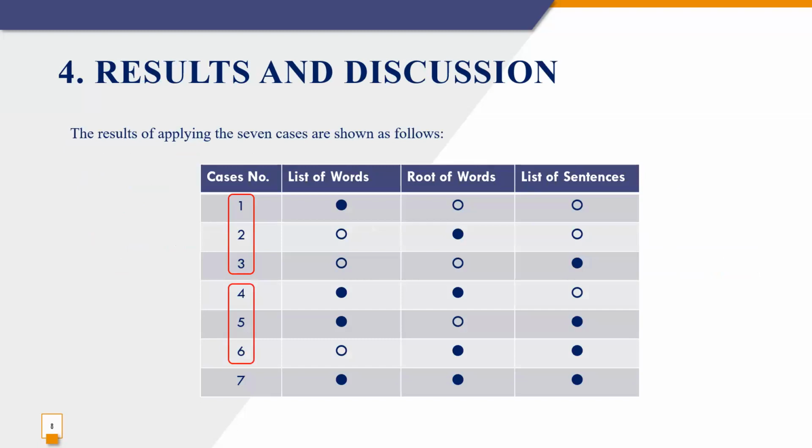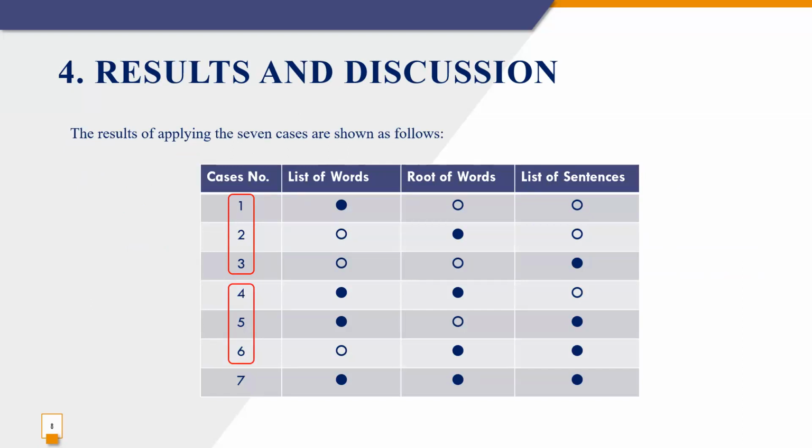Number four, the results and discussion. The results of applying the three types of methods give us seven cases to use. In the first three cases, each will use only one of them. The first one was for the list of words.